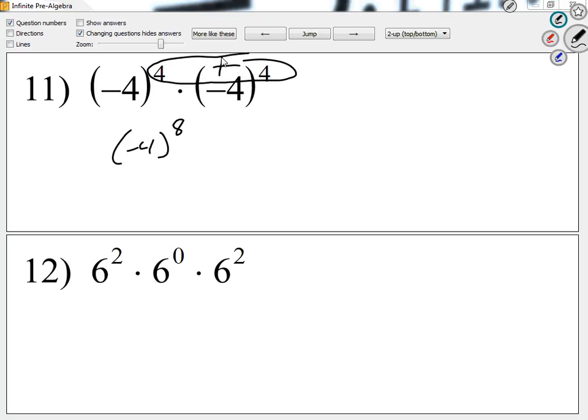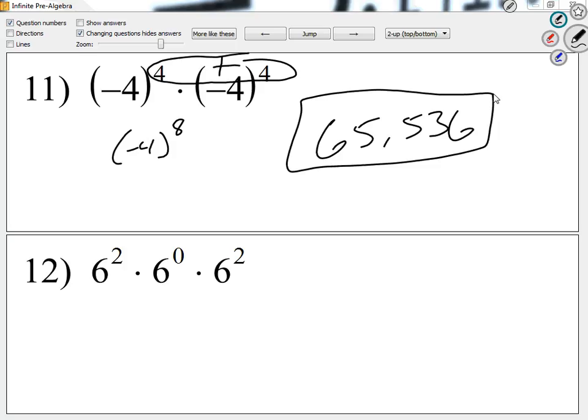And I get 65,536. And this one is not a fraction, even though I see a negative, because a negative is not the exponent. Right? If the exponent was a negative, then it would have been. But then negative 4 8 times became positive, because it was negative times a negative, became positive, and so on and so forth.